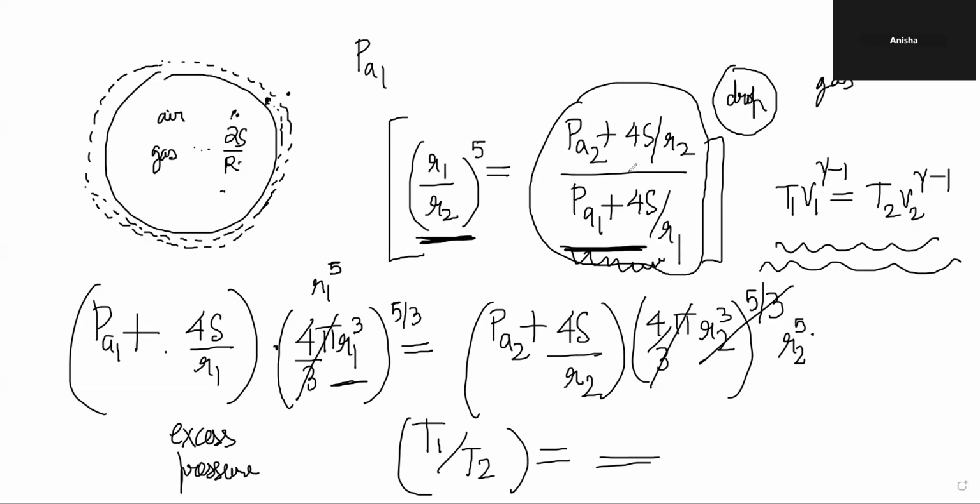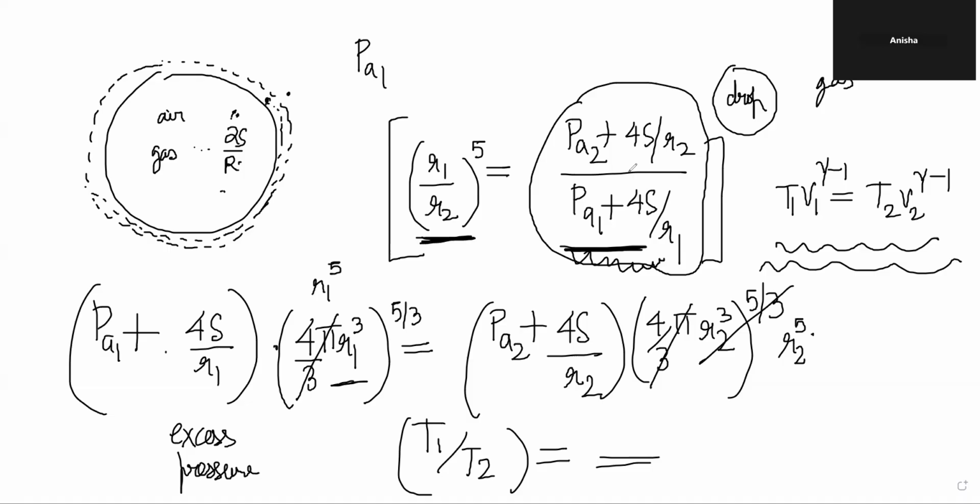There is another situation where it is a perfect heat conductor. If it is a perfect heat conductor, then you should realize that temperature cannot change. Basically, the temperature of the atmosphere cannot change, and the bubble will always be in equilibrium with the atmosphere.